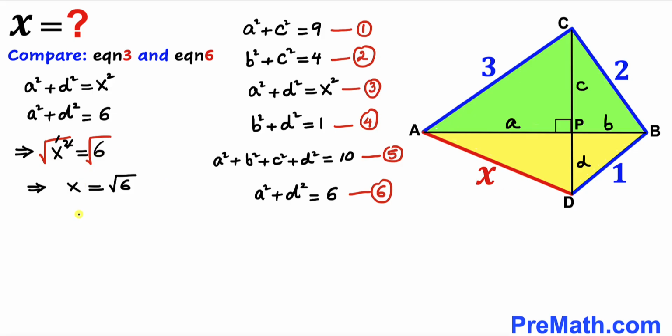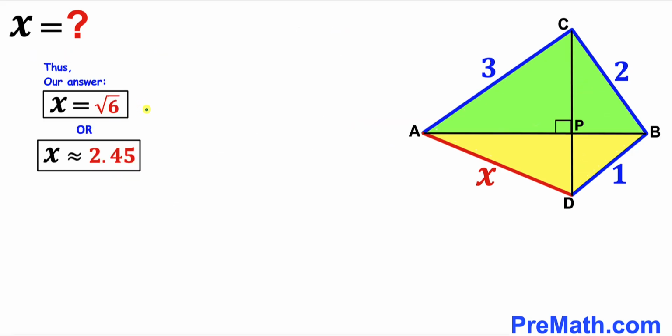In terms of decimals, x is approximately equal to 2.45 units as well. So after all the calculations and manipulations, our x value turns out to be square root of 6 units, approximately equal to 2.45 units.